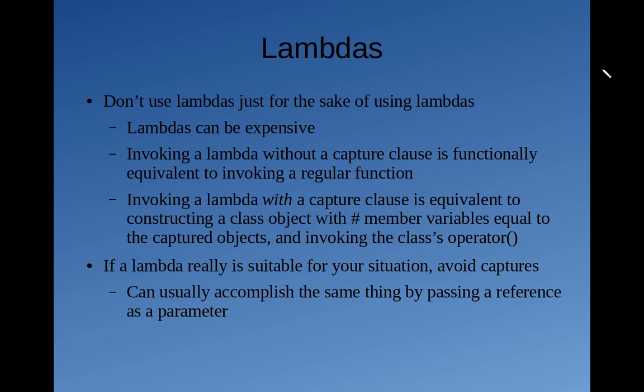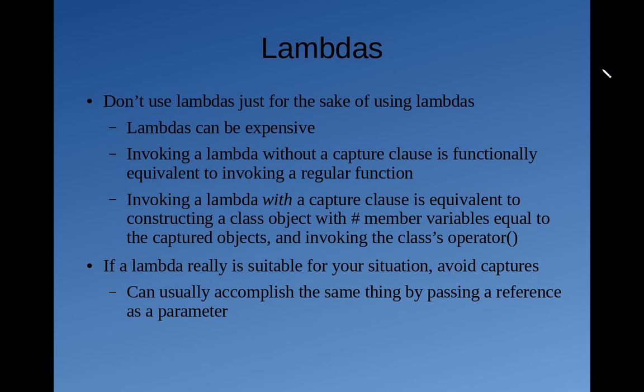But when you have a lambda with a capture clause, it has to make the effort to construct the class object. So it's actually invoking a constructor when you're calling your lambda. Then it has to set up those member variables, and only after that can it invoke the function call operator of the class. So it is computationally a little bit inefficient to have a lambda with a capture clause.